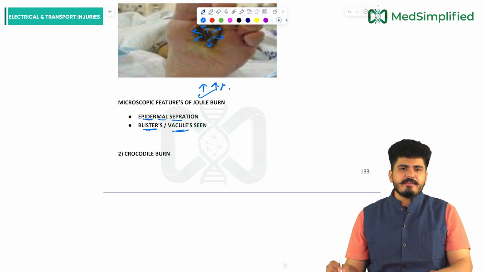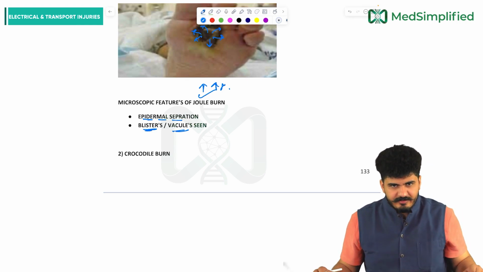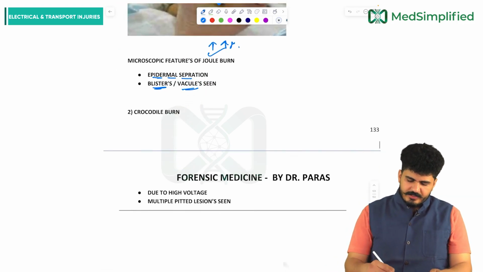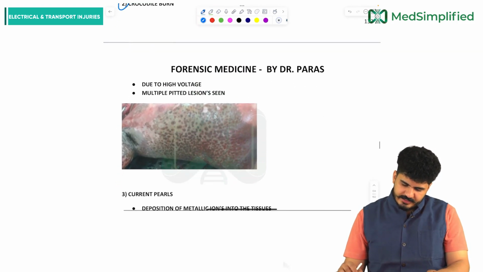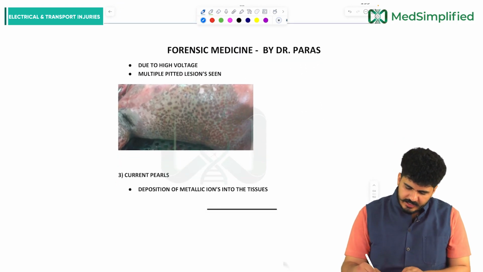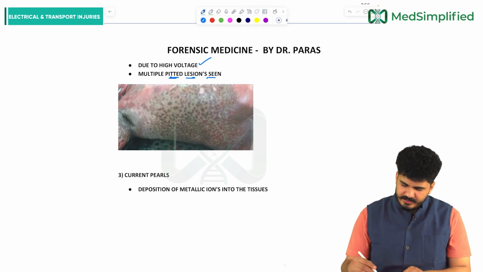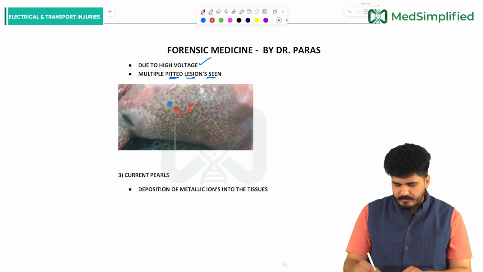Now the second skin finding is the crocodile skin. It is due to high voltage, and multiple pitted lesions are there, and the skin resembles crocodile skin.